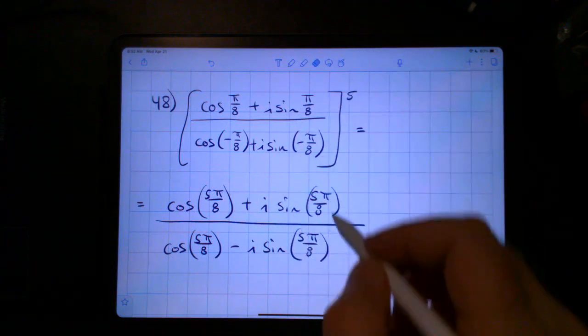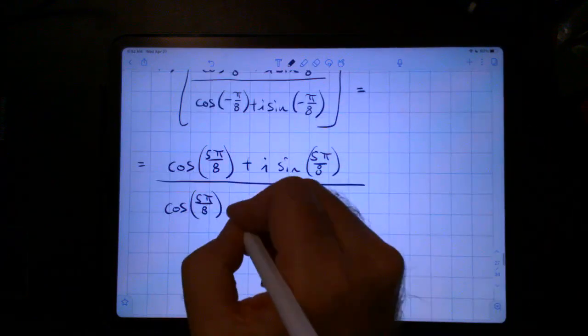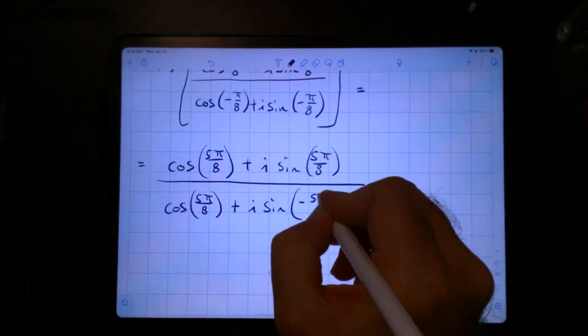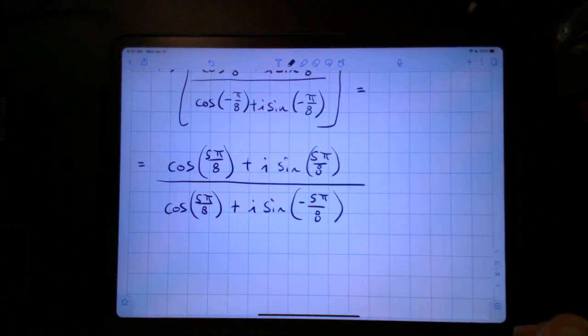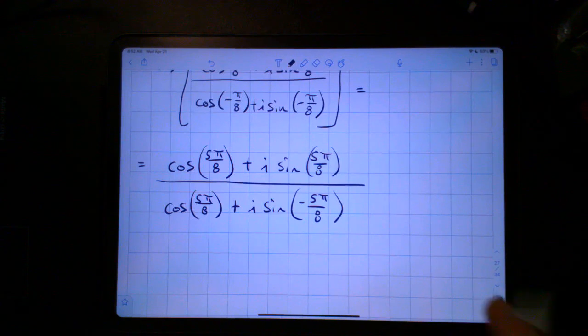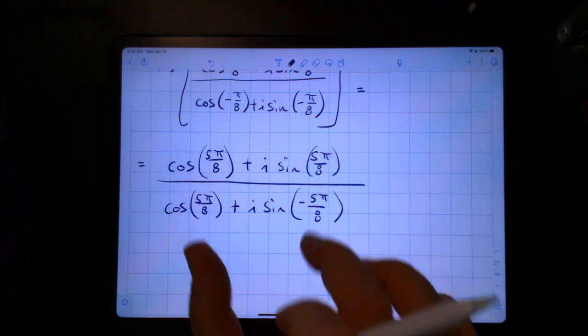I'm going to leave it as this, because now I have the same structure. So this is all of this top divided by all of the bottom.